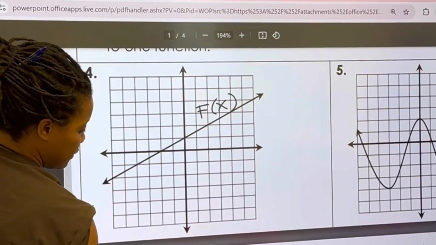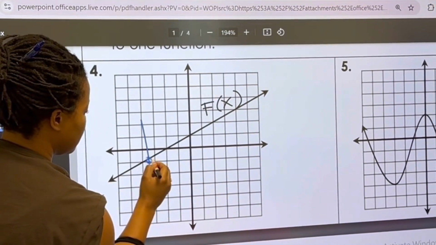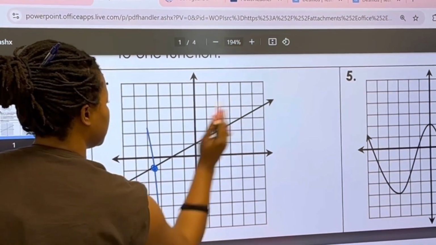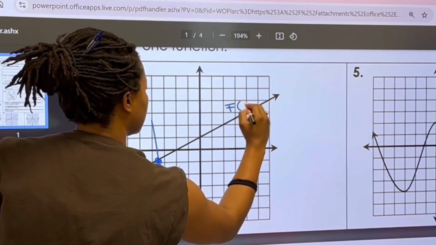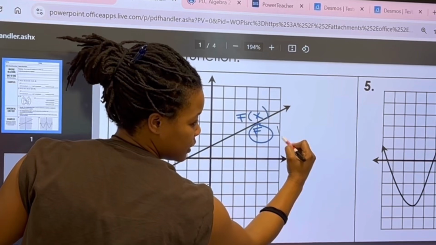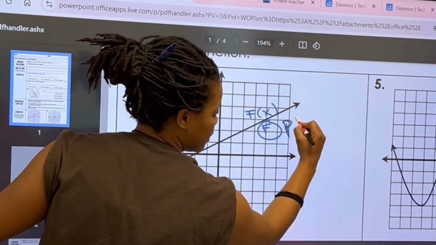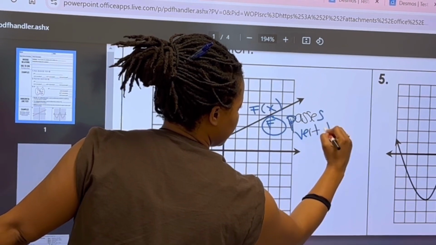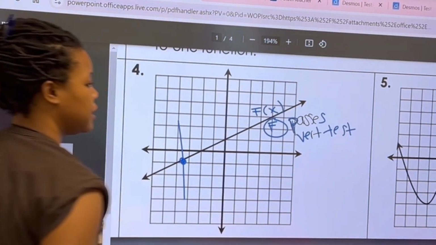Once. So it's a function. This original one is a function because it passes your vertical line test. Write that down.